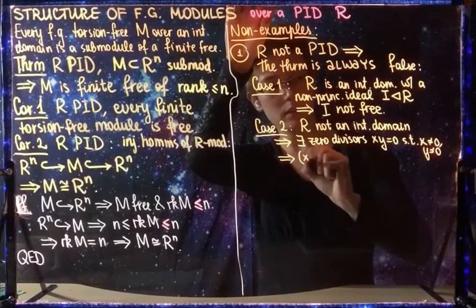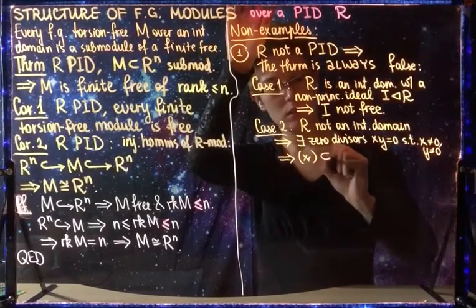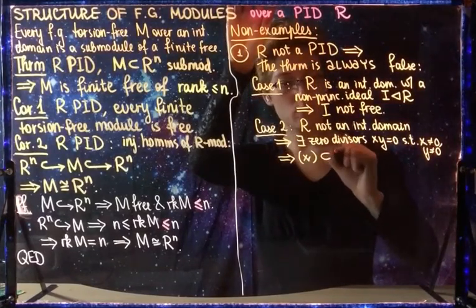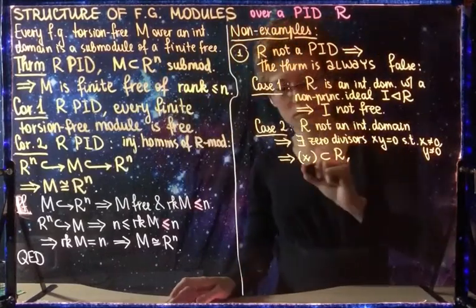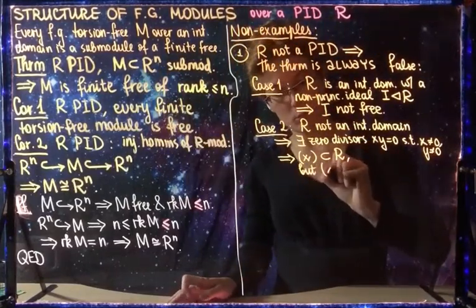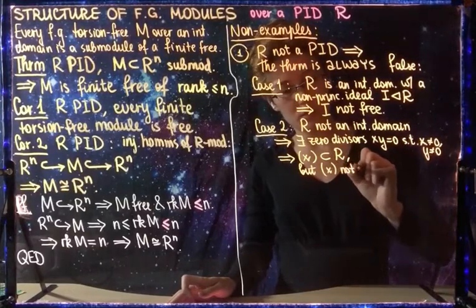And then the ideal generated by x is a submodule of a rank 1 free module, but it is not free.